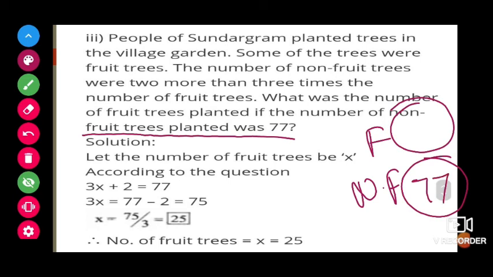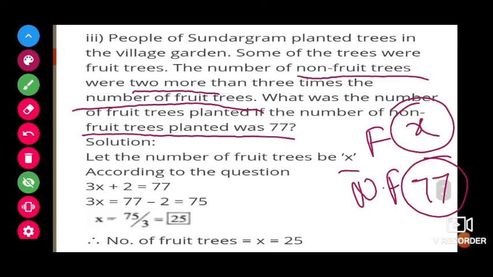And one more condition they are saying: the number of non-fruit trees were 2 more than 3 times of the number of fruit trees. So here the number of fruit trees we don't know. So let's take it as x.